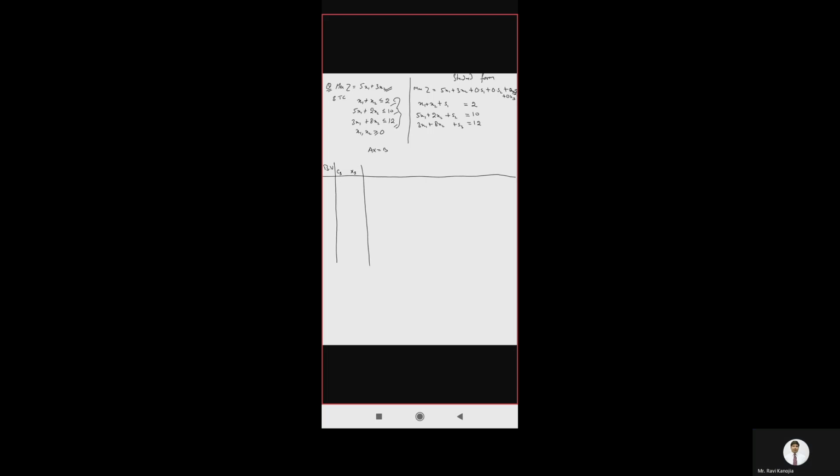Right? We write Cj, the coefficients of the variables, x1, x2, s1, s2, s3. Then here we have a column for minimum ratio, and XB, that is the solution column.